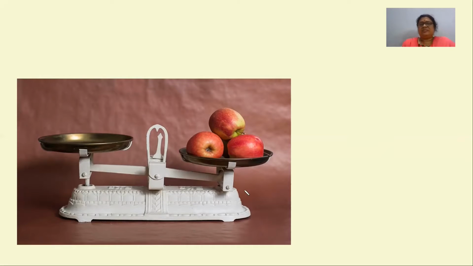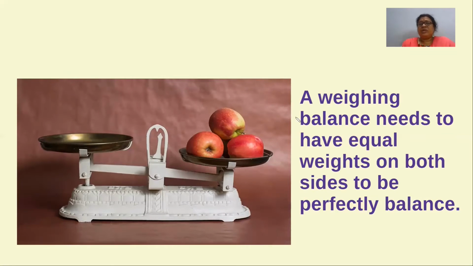This needle. So the weighing balance needs to have equal weights on both sides to be perfectly balanced. So here the weight should be equal to the weight of the apples. Then only the needle will come at the middle and the weights will be equal.